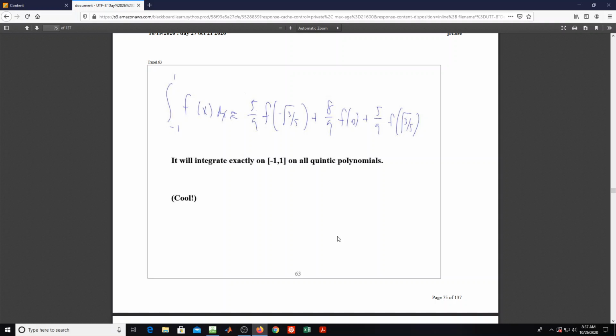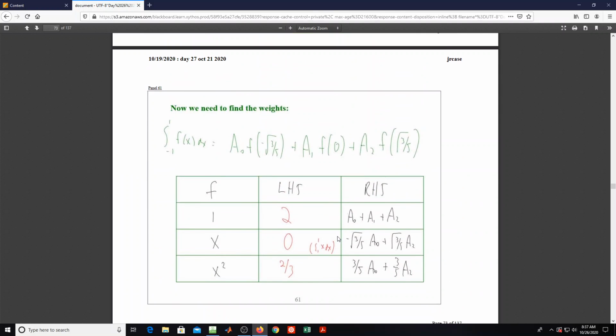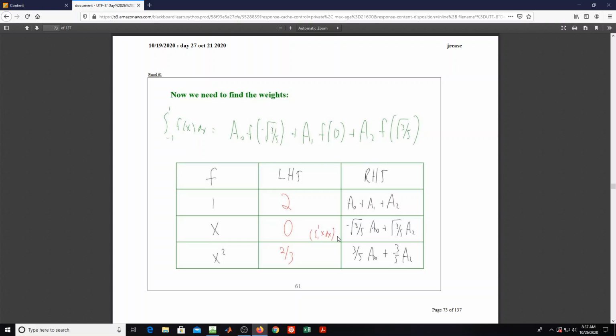Great. Can you go up to the chart again? Can you explain it one more time? Because I was a little bit lost in what you're doing. This one here? Yes. Well, what I do, I need to find the weights. And so what I'm going to do is integrate over 1, x, and x squared, and find that value if I integrate from -1 to 1. And what I have to do is have these weights equal this exact answer.